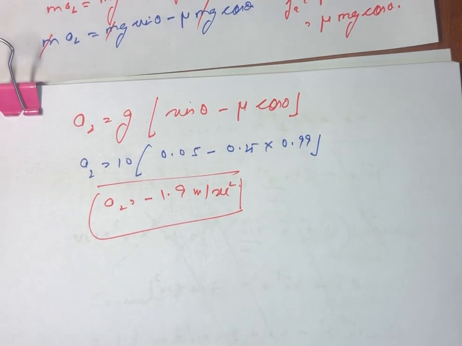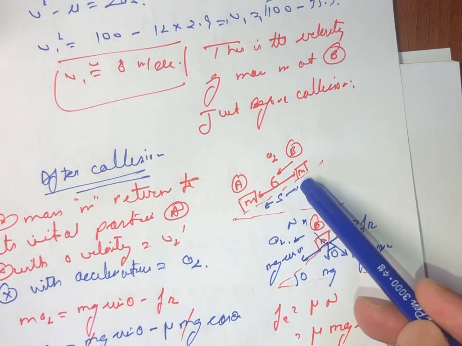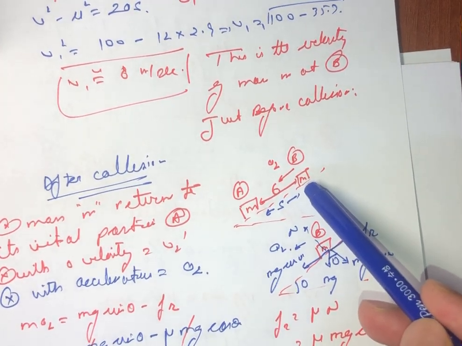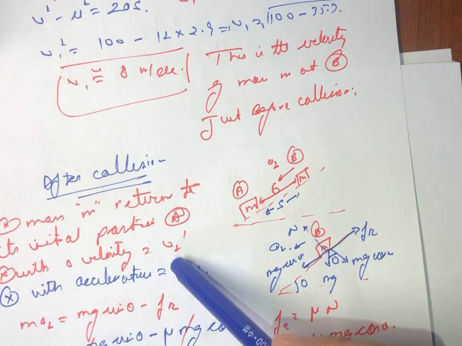Now, we said that the velocity of small m at point B is v2 prime.